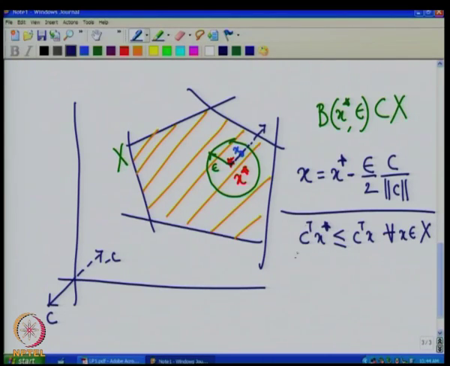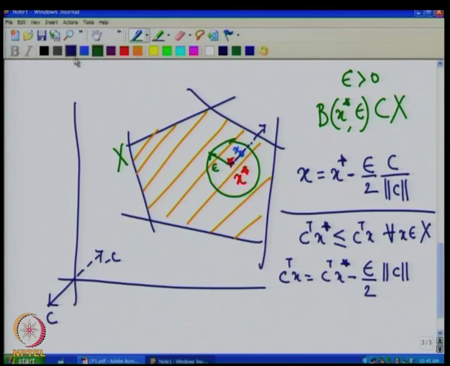Now, let us see what happens to C transpose X. So, C transpose X is equal to C transpose X star minus epsilon by 2 norm C, because this will be C transpose C, which is norm C square, divided by norm C, which becomes norm C. Now, epsilon is positive, and norm C is positive.